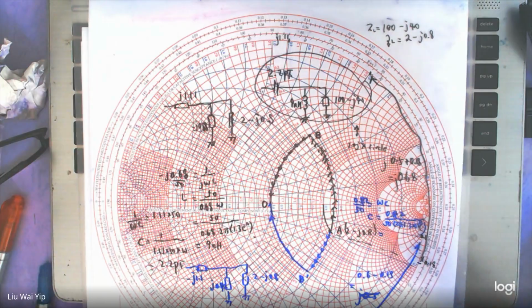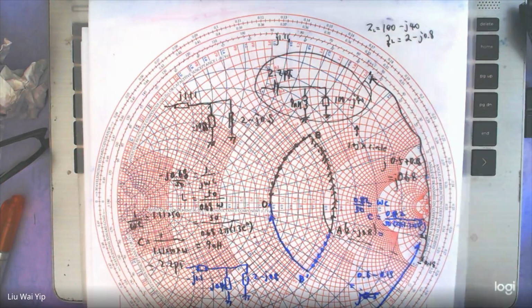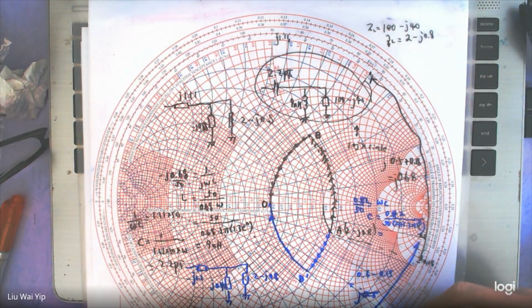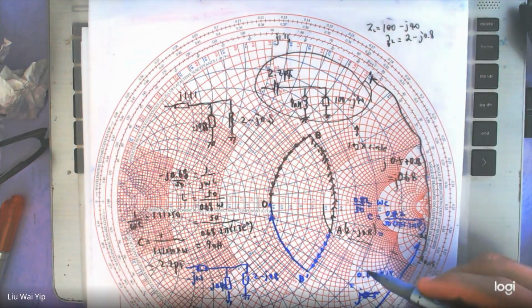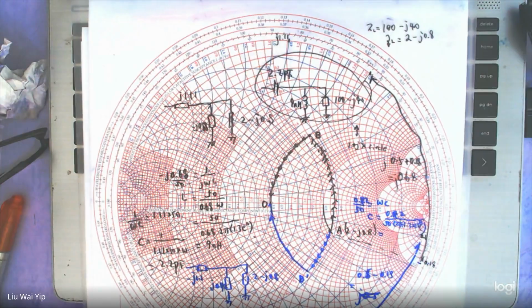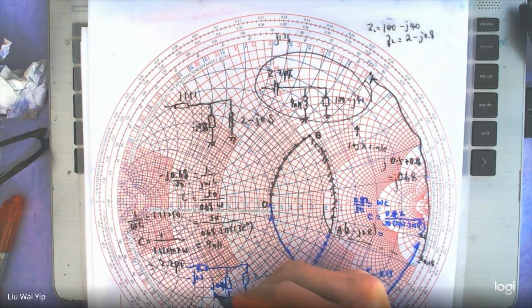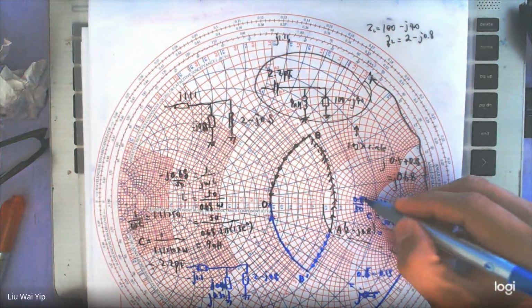Okay, I made one more mistake, right? 0.5. 0.5 minus 0.18, so 0.32. So 0.32.